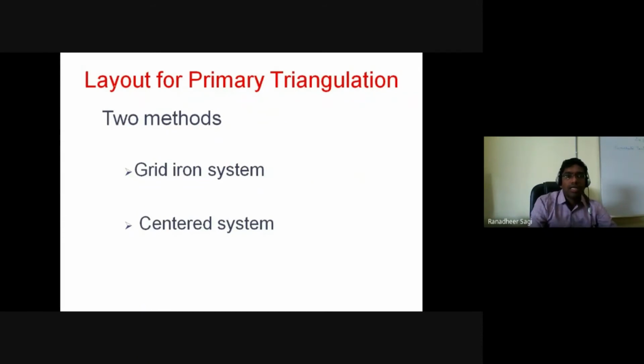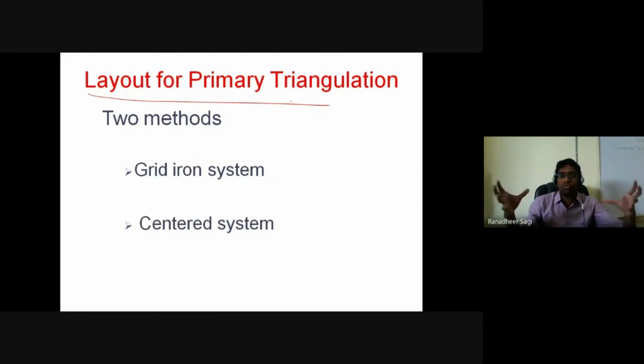Next, coming to your layout, what we should specifically look at, because this primary triangulation network, as we said, is adopted for large areas for which the triangulation network is to be built. Okay, so in such a case, what is the layout by which you form your primary triangulation? In what form is that primary triangulation network going to be built?